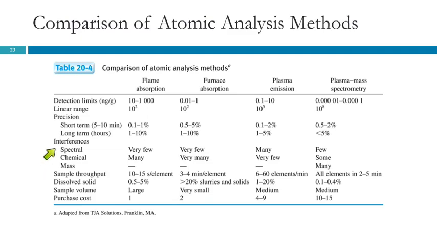Looking at possibilities of spectrochemical interference. Now, we do get mass interference with the plasma. So, plasma mass spec. If you have 2 ions that have the same charge and the same mass, then you can get a lot of problems.